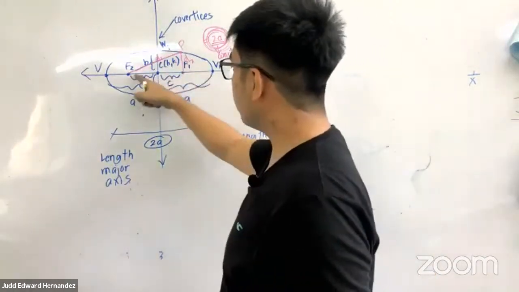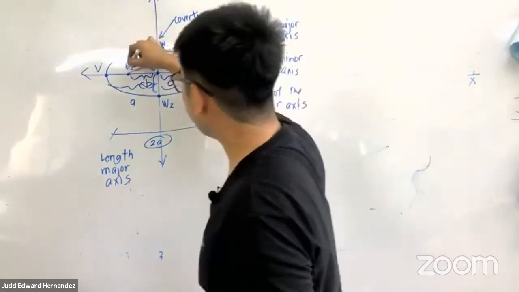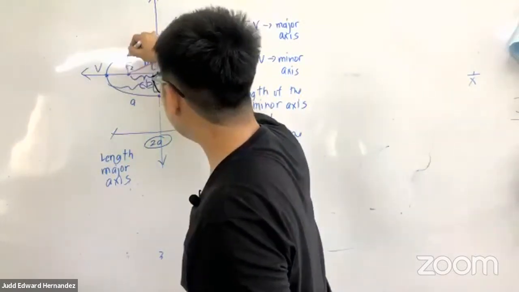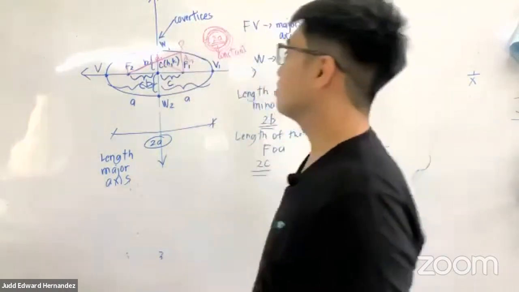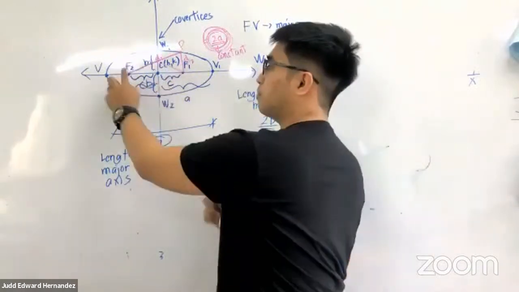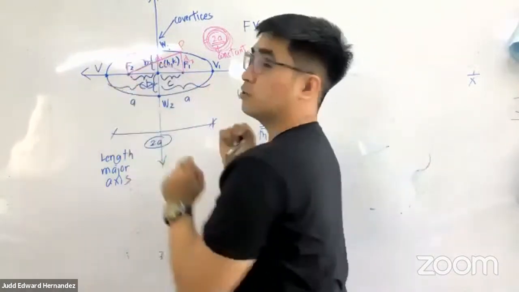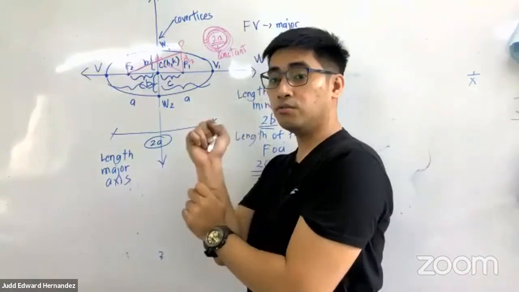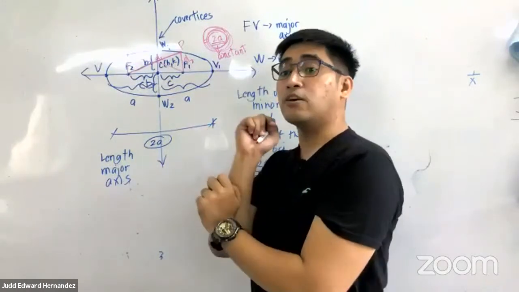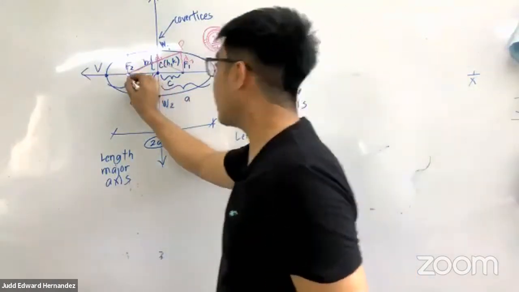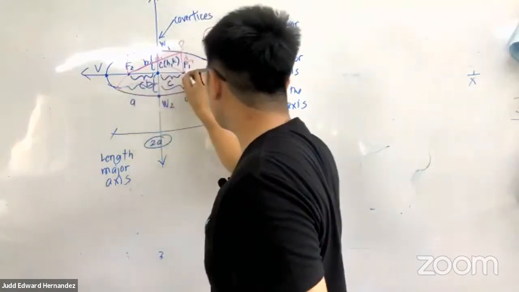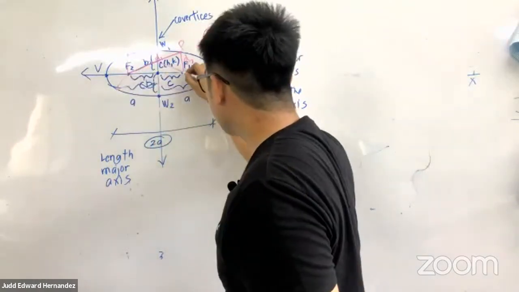Okay, so ibig sabihin from that one, that is 2a. Eh paano naman pag dito, saka dito? Sa tingin nyo, ano yung distance na yun pag pinag-add natin to sa katong line na to? It is also 2a, because it is a constant. Lagi nating tatandaan kahit saan dyan, kahit dito, kahit doon, it is a constant 2a.